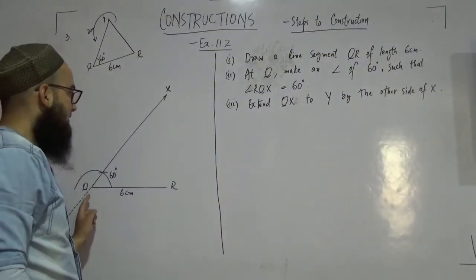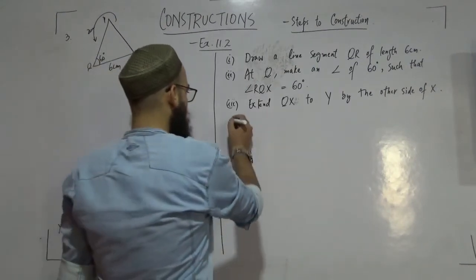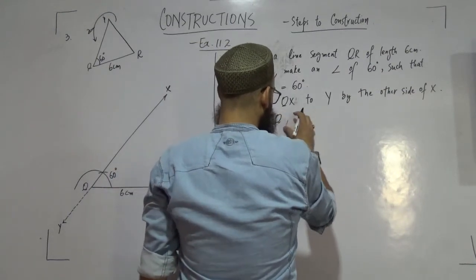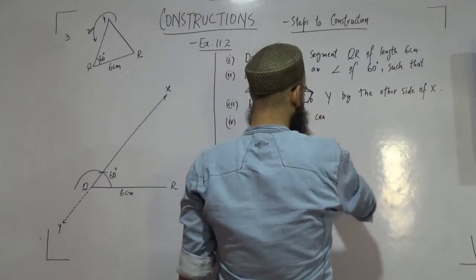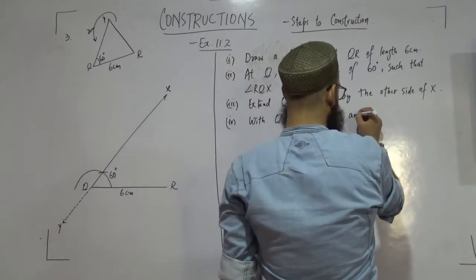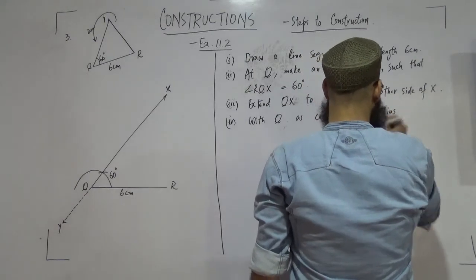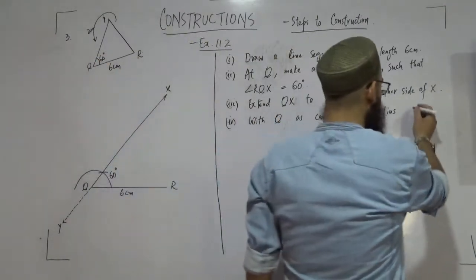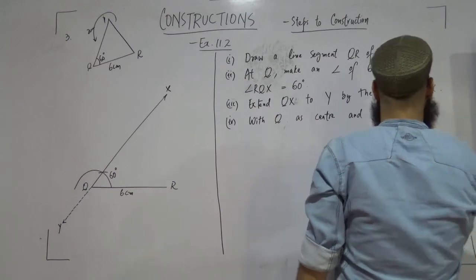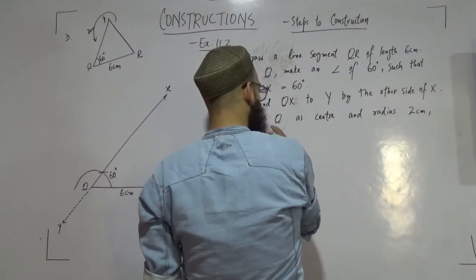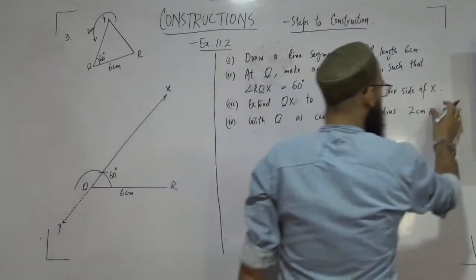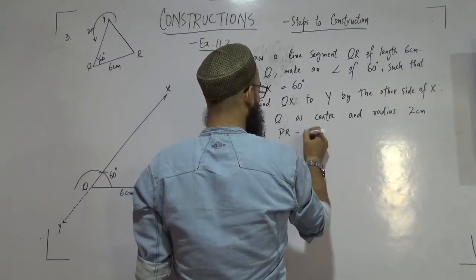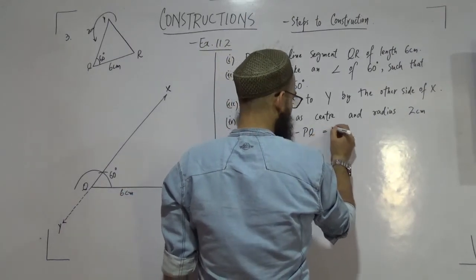Now with Q as center and radius, the difference of 2, what is that? 2 centimeter, and radius 2 centimeter. Draw an arc. Why 2 centimeter? Give the reason. As PR minus PQ is equal to 2 centimeter.